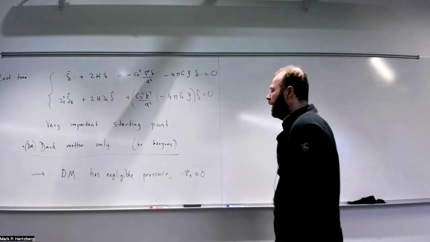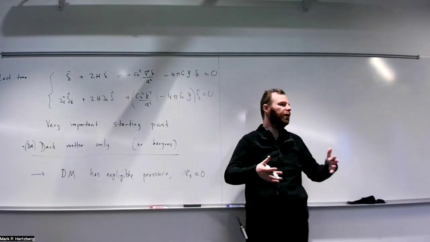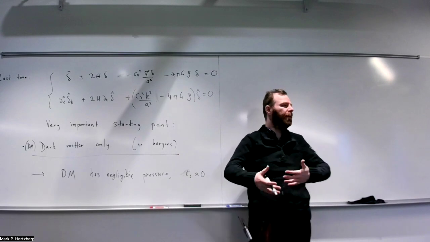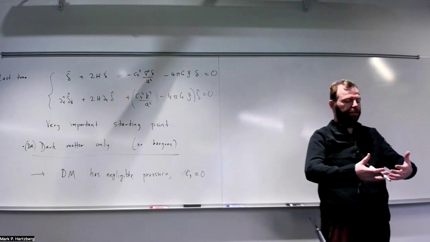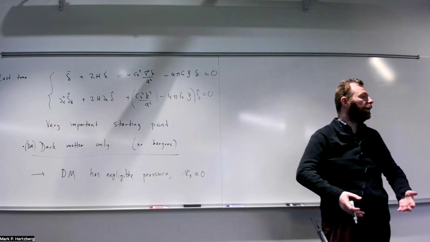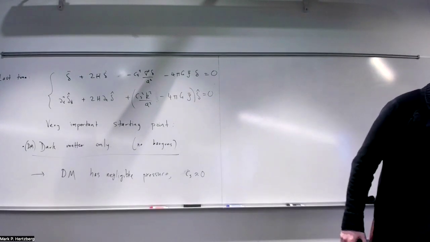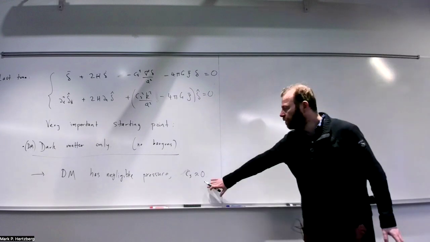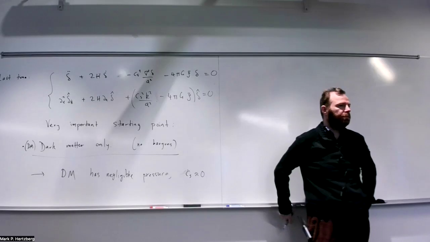That won't be true for the baryons, which are talking to the photons in the early universe. For the first 380,000 years, there's this coupling between the baryons and the photons. The baryons participate in this fluid with the photons and have a significant sound speed, and we'll either talk at the end of today or next time about the value of that sound speed. But for the dark matter, they don't talk to the photons, so there's nothing to provide significant pressure for them.